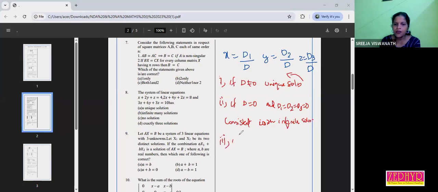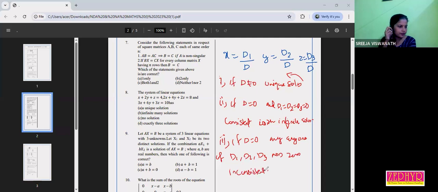Third case: if D equals 0 and any one of D1, D2, D3 is non-zero, it is inconsistent.